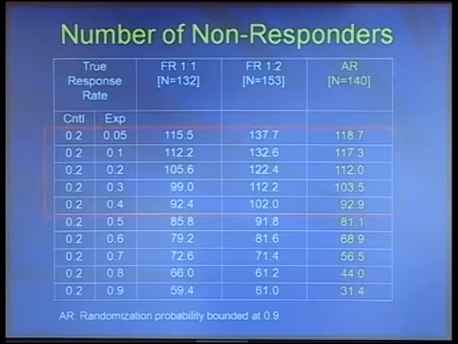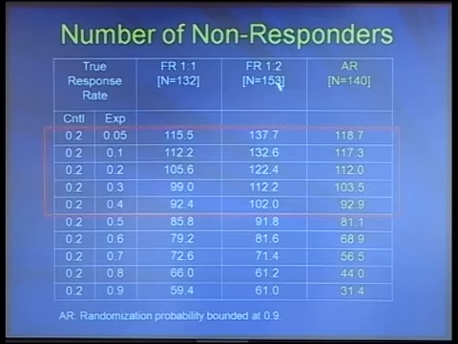If you look at the numbers highlighted in the red box, you can see that indeed adaptive randomization has more non-responders than equal randomization. Why? It's because it treats more patients. If you have more patients, you have more responders and more non-responders.